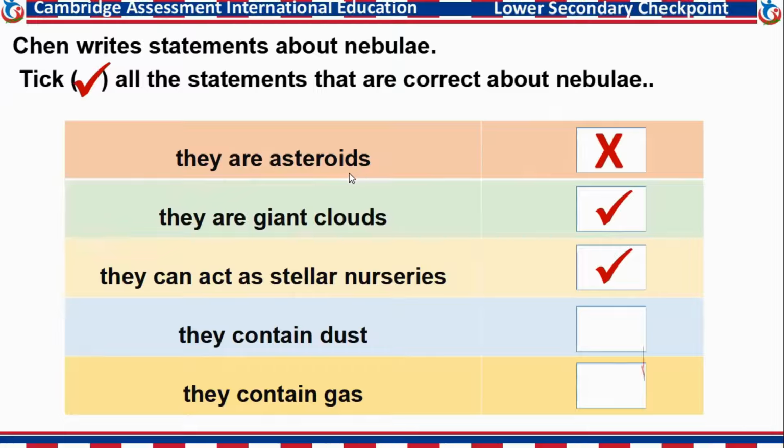Then they contain dust and they contain gas. All these other statements are correct about the nebula. They are giant clouds that can act as stellar nurseries, they contain dust, they contain gas, but nebula are not asteroids.